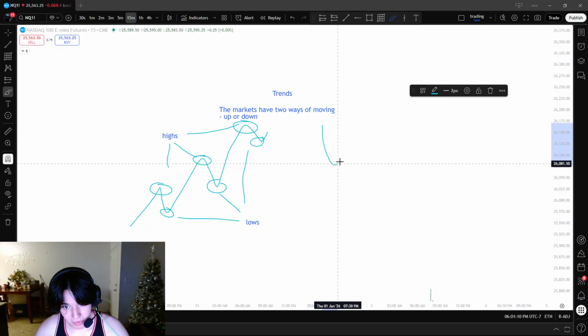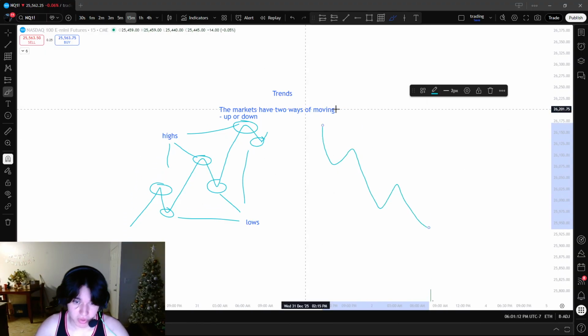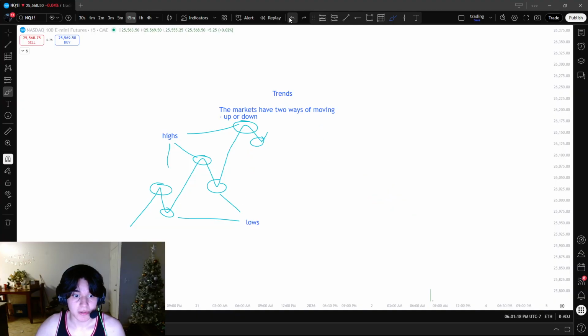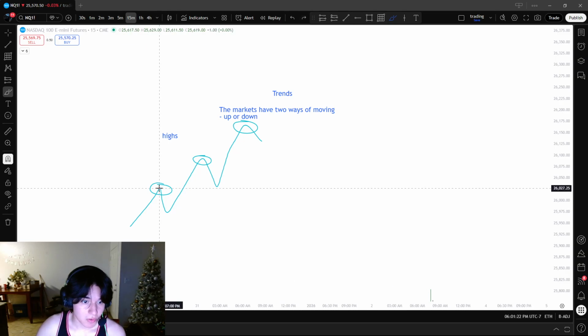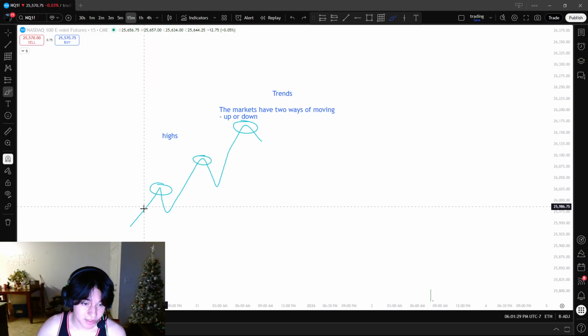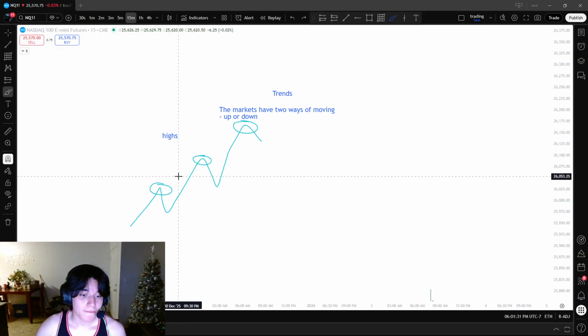And then same thing for the downtrends. But before I go to downtrends, the only reason we know there's an uptrend is because it keeps making higher highs. This high is higher than this high, and this high is also higher than this high.